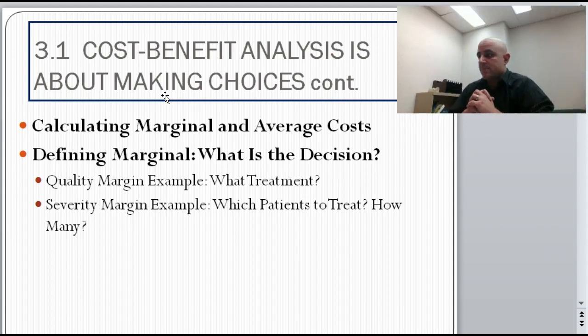And so, for example, let's say the cost of the first bottle of medication is $5,000. Okay, it's $5,000. And so you decide, all right, yeah, I want to buy it. I need it, I want to buy it.